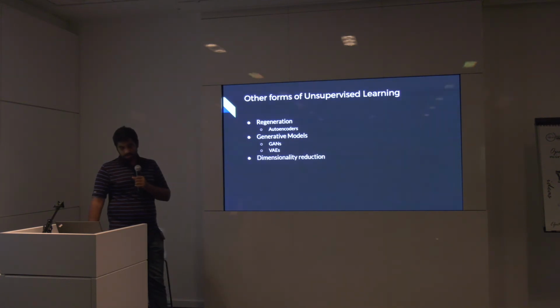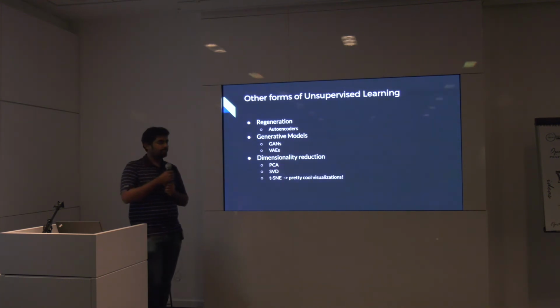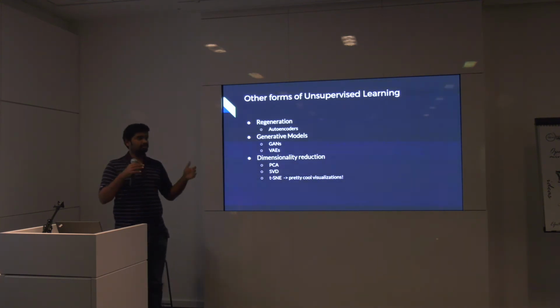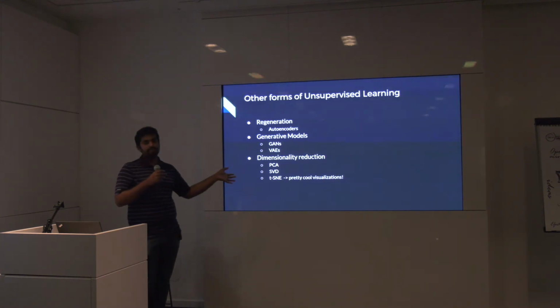Okay, and another thing that you might not have realized is that a form of unsupervised learning is dimensionality reduction. Things like PCA, SVD, and t-SNE. You usually use them as a pre-processing technique. If you have, say, a 1,000-dimensional data set and you want to reduce it to 100 dimensions, usually what you do is PCA or SVD.